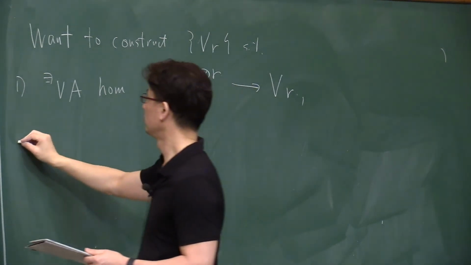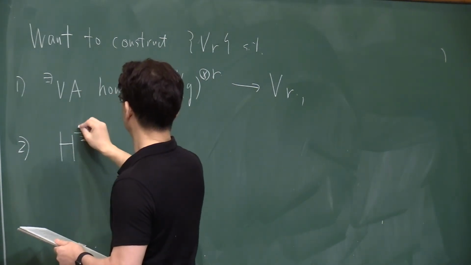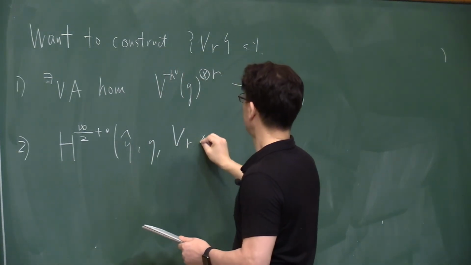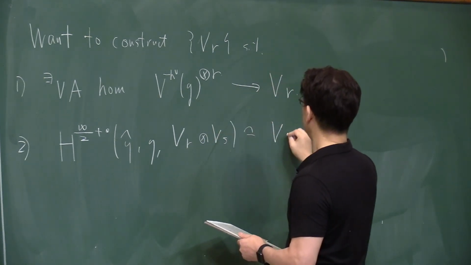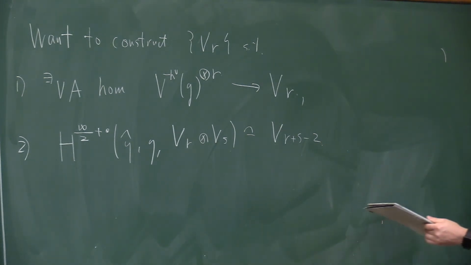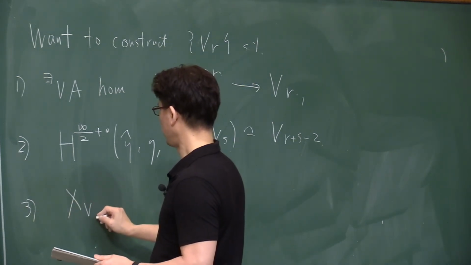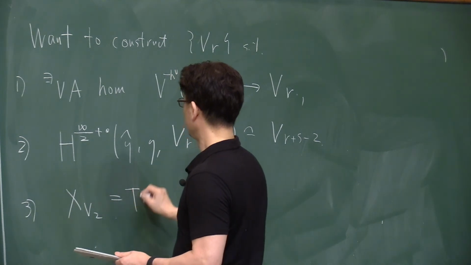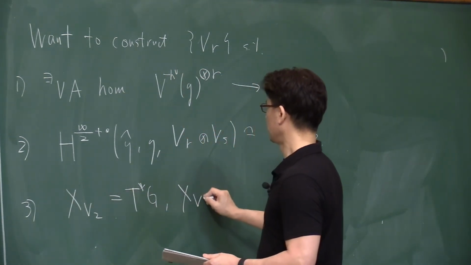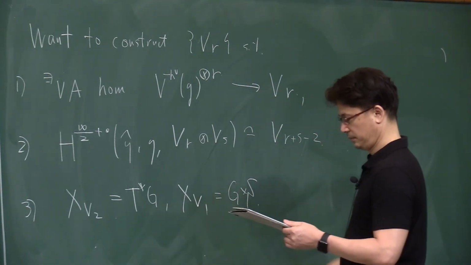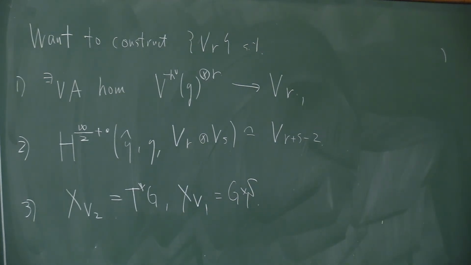And also, this relative semi-infinite cohomology satisfies the associativity condition. And the associated variety for V2 should be the cotangent bundle of G, and the associated variety for V1 should be G^*. That's what we want to do, but maybe I do it tomorrow.